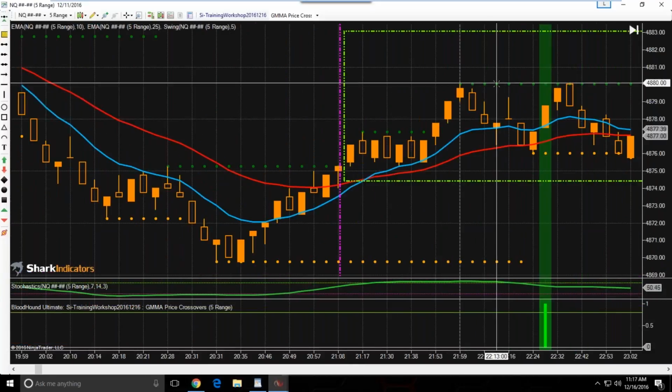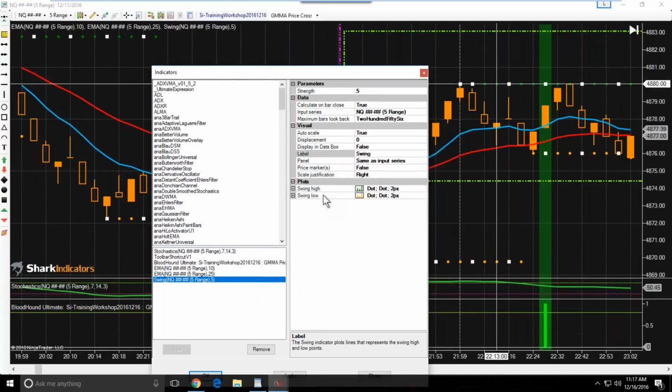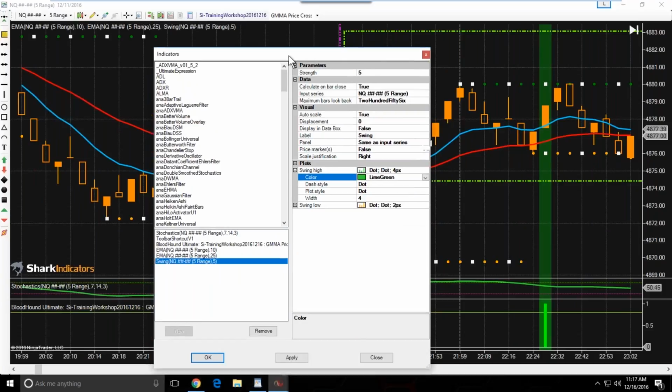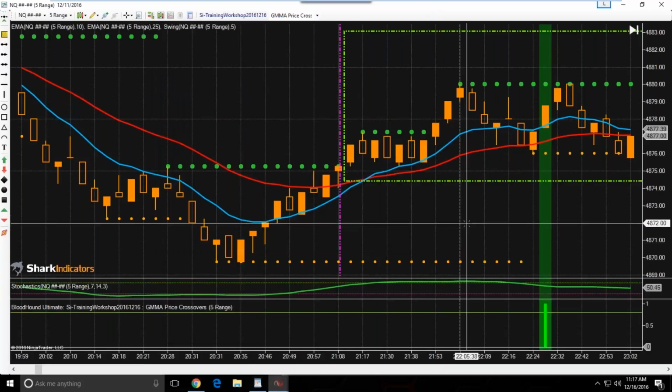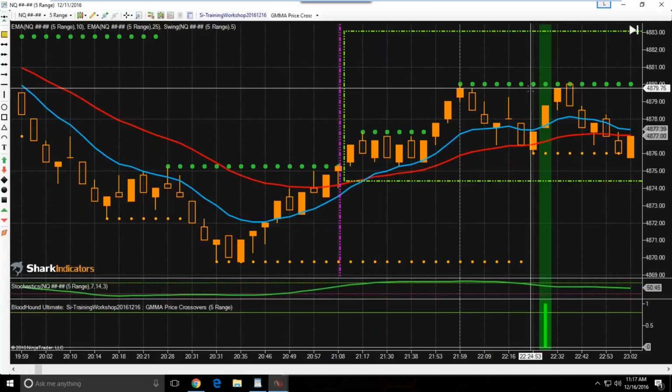Okay, so I'm gonna make the long dots a little bigger and easier to see. There we go. All right. So I'm going to show you something about the Ninja swing indicator.